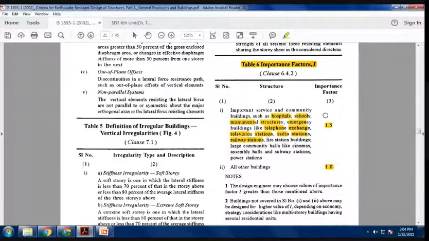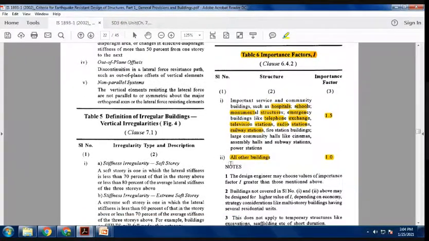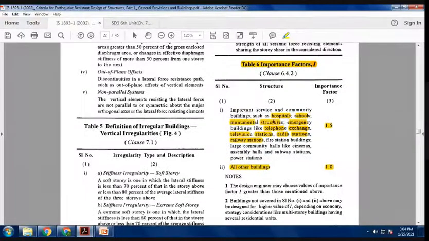Then you should consider the I value as how much? 1.5. Any other buildings, say a residential building, then you should go for 1. Just remember how to consider the I value directly from table number 6.